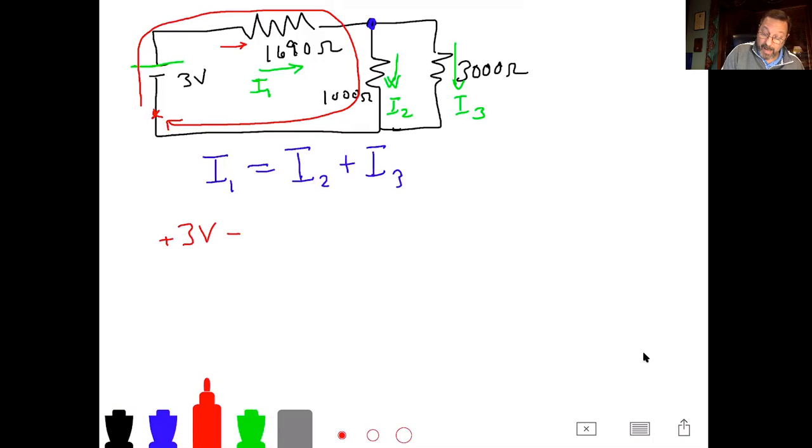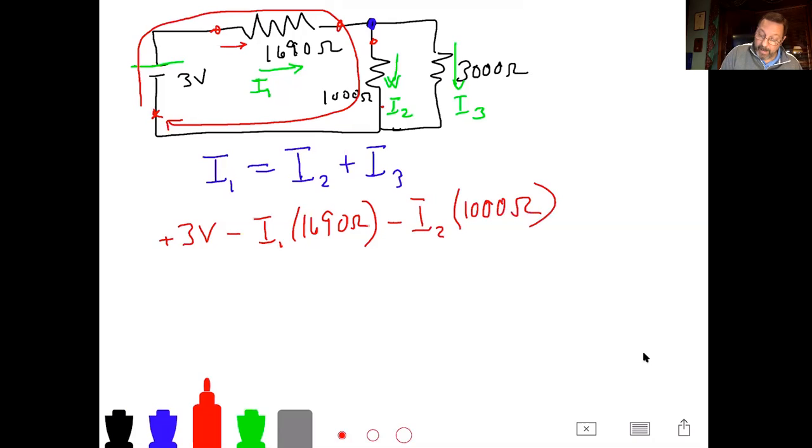And we said if you go from the high side of the resistor to the low side, the voltage is going to go down, and so I'm going to subtract off the voltage there, the unknown I1 times 1690 ohms. Then I come through here, and again, I got a voltage drop because this is the high side, that's the low side. I'm going from high voltage to a low voltage. And so I go minus I2 times 1,000 ohms. And now I'm back to where I started, so that sum must be equal to 0.